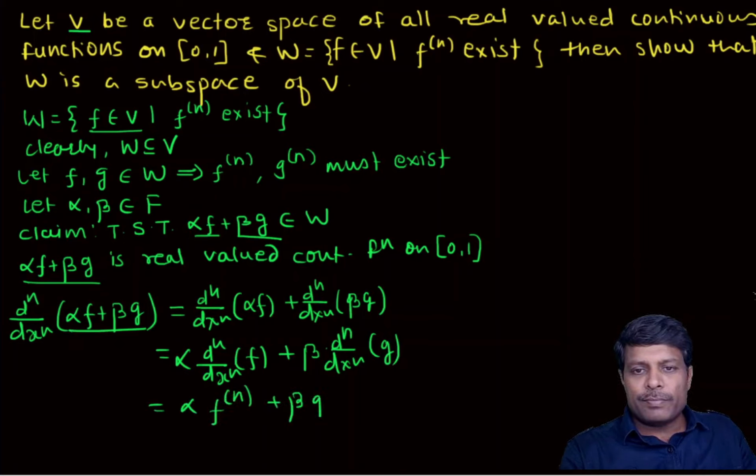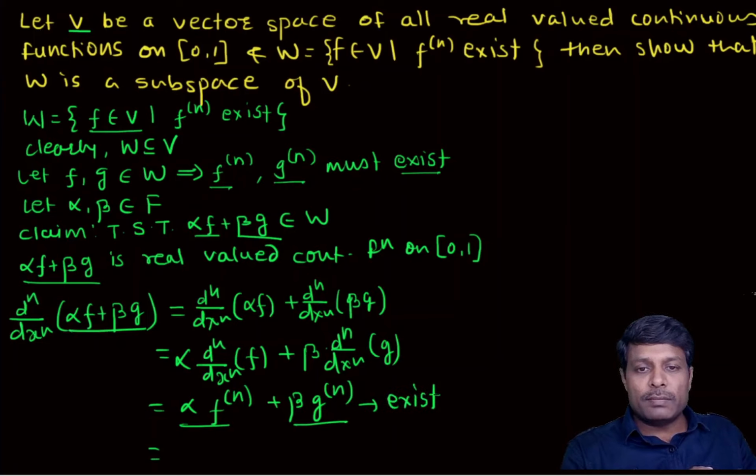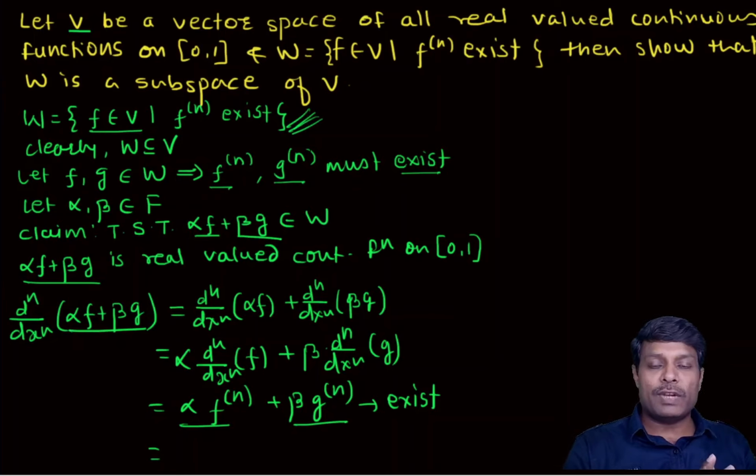So here the nth derivative of f exists, the nth derivative of g exists, therefore this exists and this also exists, and therefore we can say that this summation must exist, and therefore this W is a subspace of the vector space V.